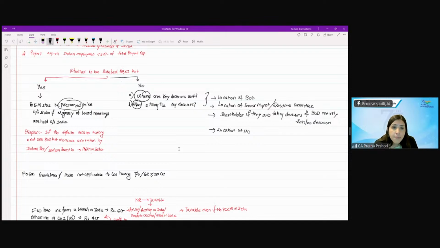In case through video conferencing the meetings are conducted, then it will be the place where the directors usually reside who are taking the decision.